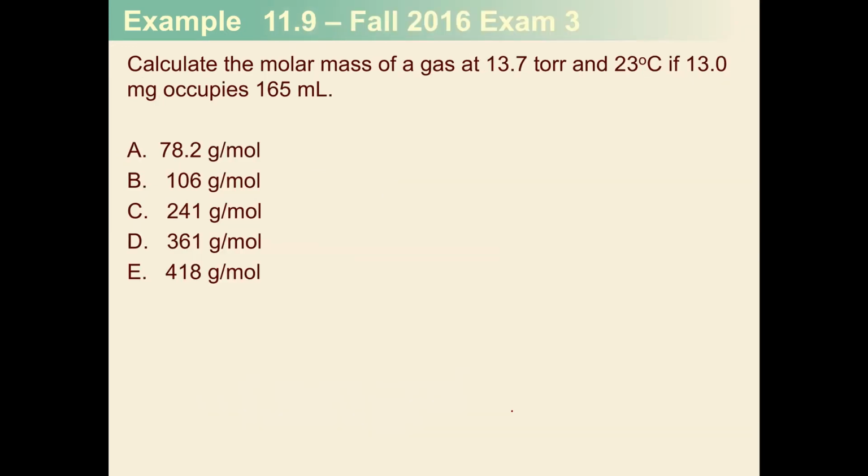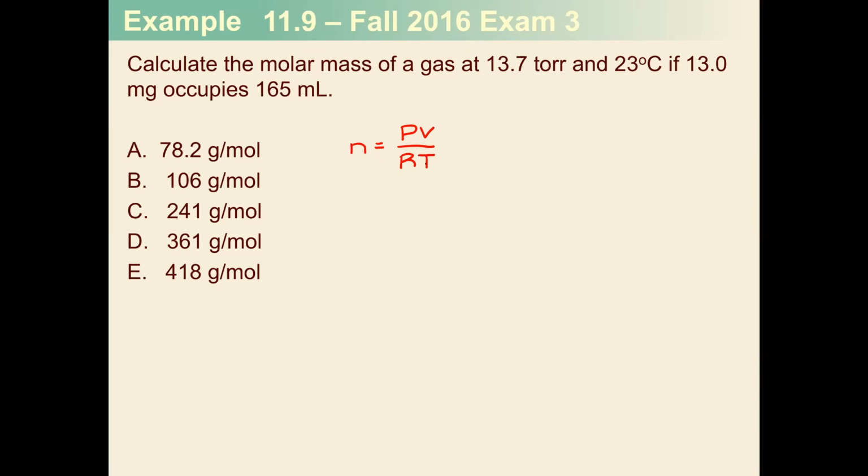For our next example, we are now going to calculate the molar mass of a gas. So it says calculate the molar mass of a gas at 13.7 torr and 23 degrees C if 13.0 milligrams occupy 165 milliliters. The difficulty in this problem originally is doing all of the unit conversion. You must be very careful as you're doing this. So we can say that n equals PV over RT.